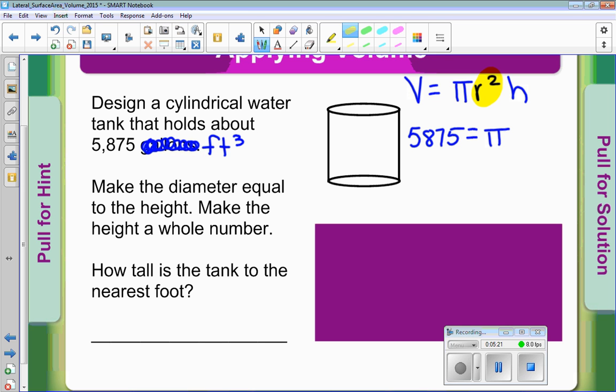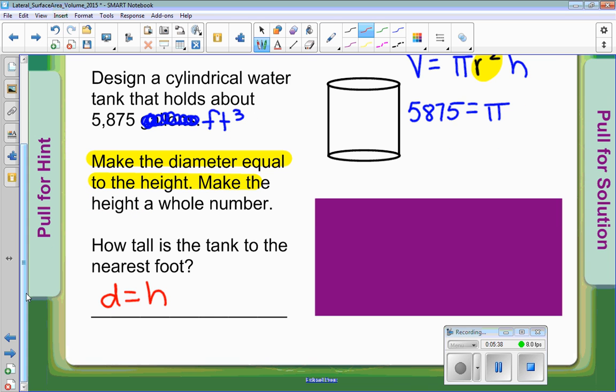So we know that the diameter is equal to the height. Well, what's the diameter? 2 times the radius. So 2 times the radius is equal to the height.